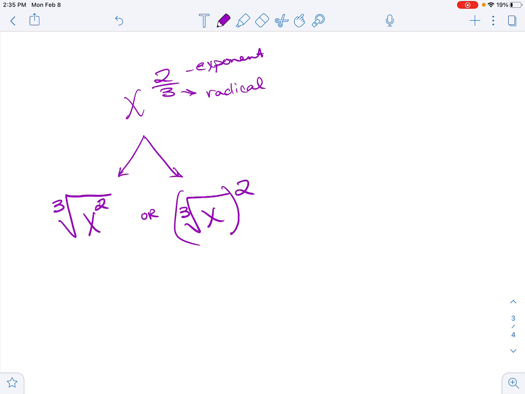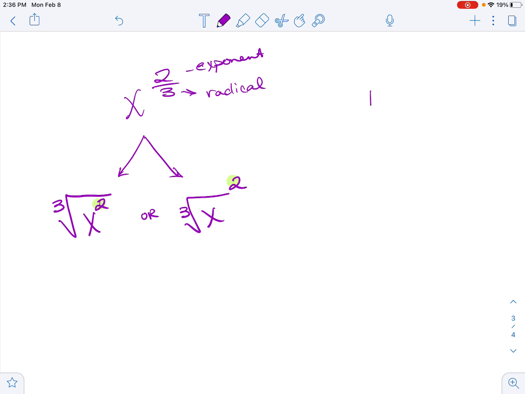Now, you don't have to have the parentheses. You could just do the cube root of x squared. So the only thing that's different is the location of the exponent, and honestly, that doesn't affect our answers here.